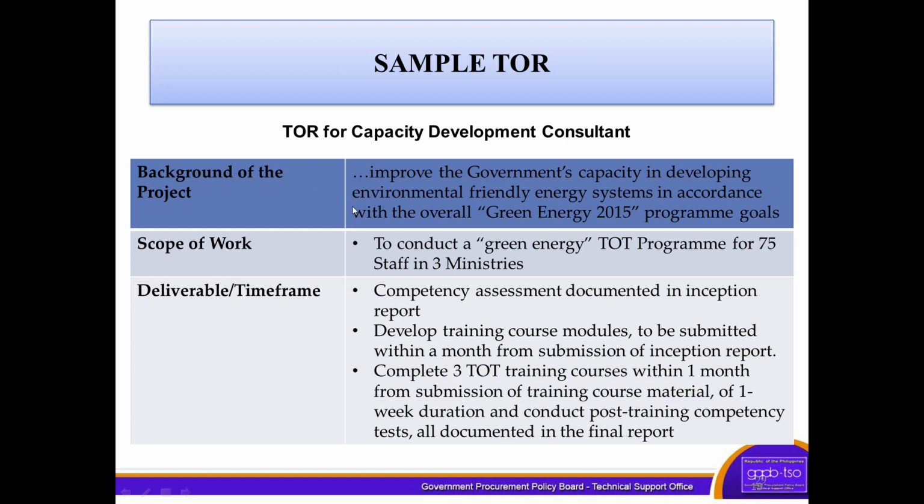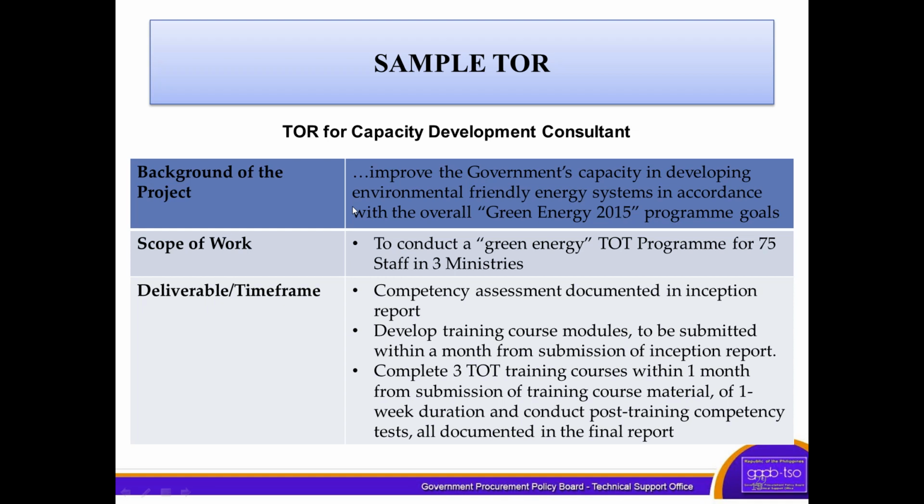As for the background of the project, of course, you want to mention the rationale: to improve the government's capacity in developing environmentally friendly energy systems in accordance with the overall Green Energy 2015 program goals.